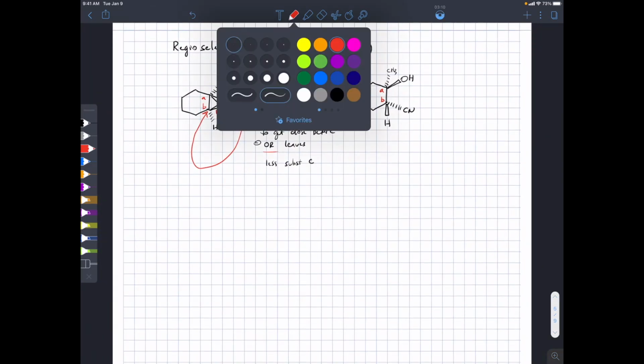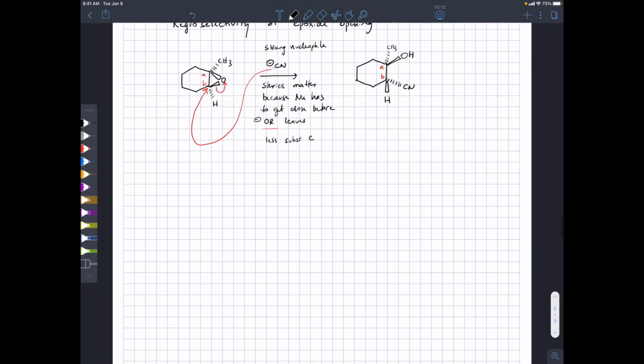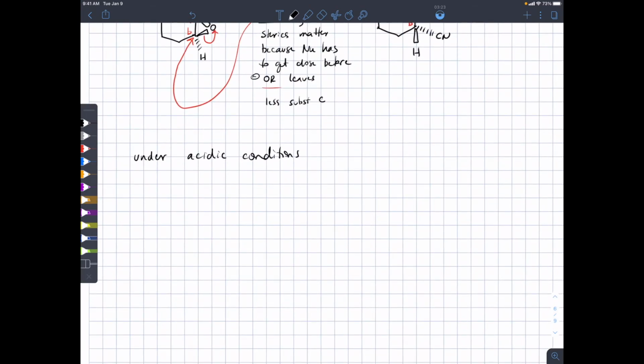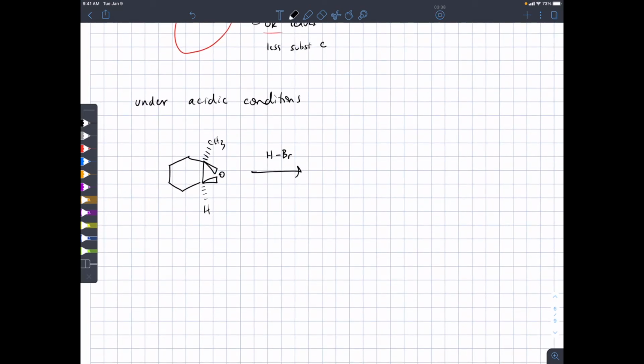In contrast, under acidic conditions, you can switch the regioselectivity of the epoxide. So imagine taking the same epoxide starting material and using a strong acid to try to open up the epoxide.